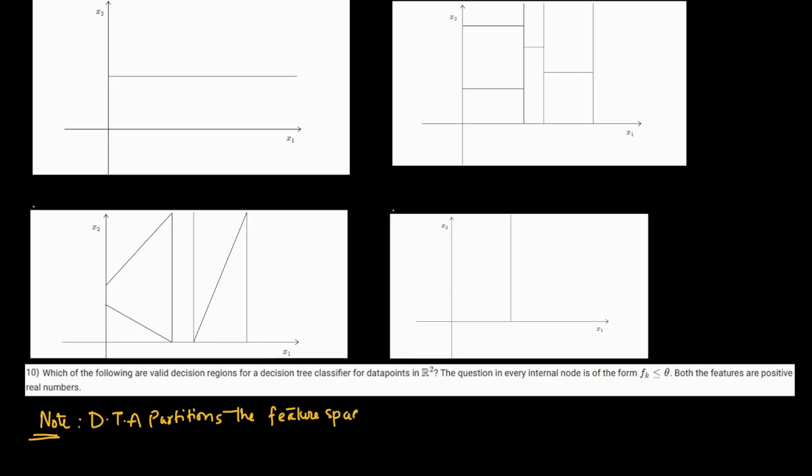What is the feature space in this example? It is R2. So it partitions R2 into horizontal and vertical half spaces.